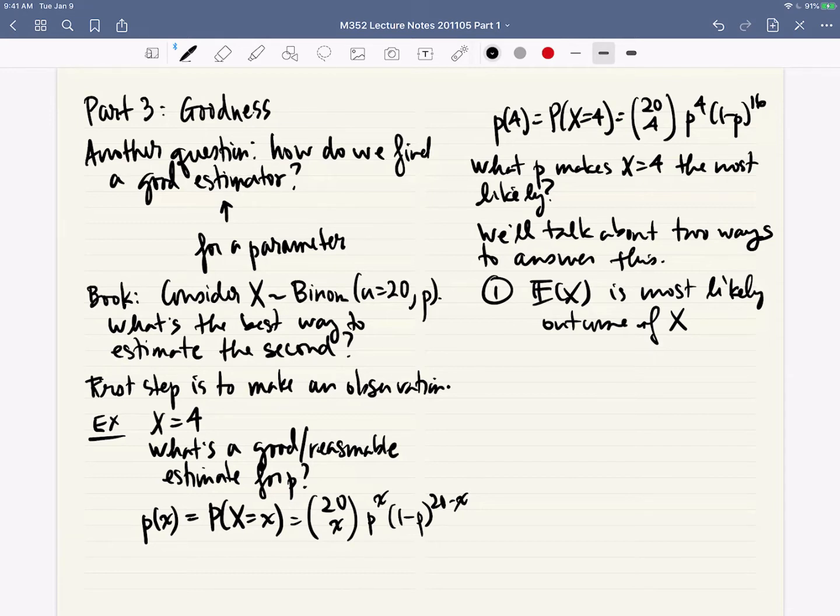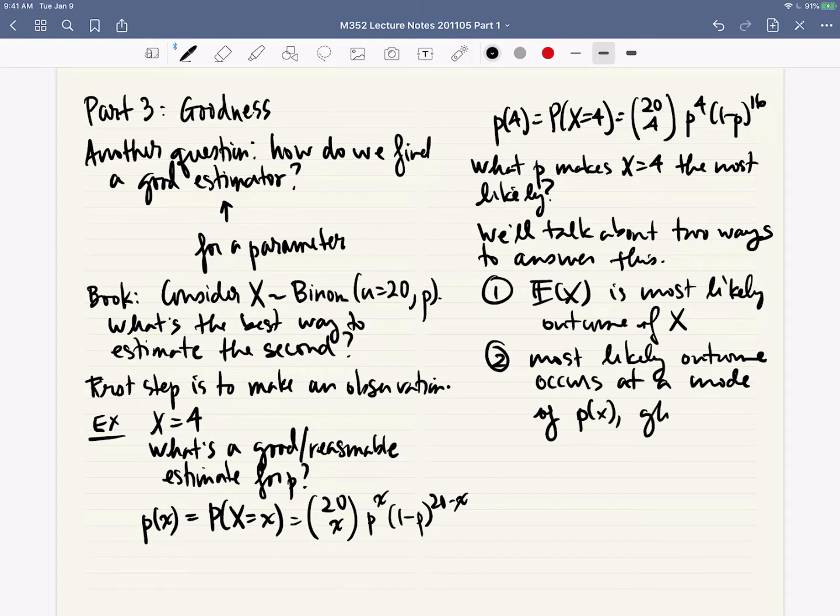And we'll look at the consequences of that assumption. The second approach we'll take is that the most likely outcome occurs at a mode of the distribution, a global maximum.